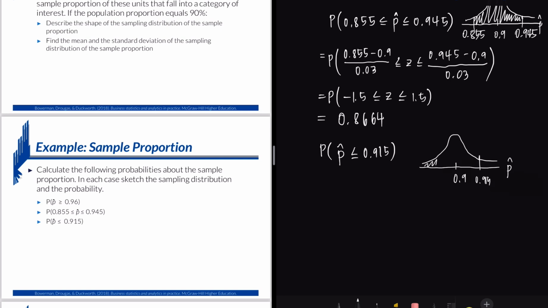Then the probability that we are being asked to solve for exceeds 1/2 of the overall sampling distribution. So we expect that the probability we should get later should be something that is more than 50%. So to compute for this probability, again, we convert this first to z. So that's 0.915 minus 0.9 over 0.03.